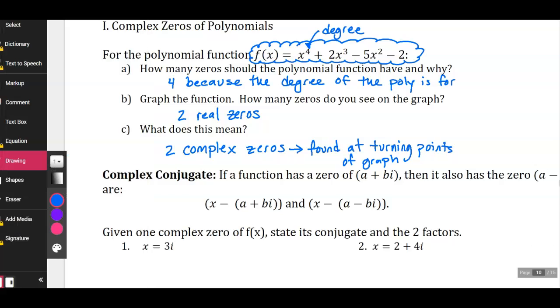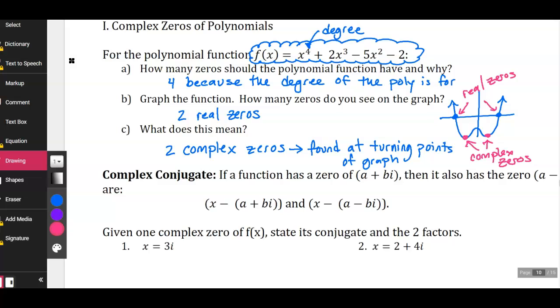Okay, so I'm just going to sketch this so we can reference it later, or you can reference it later. These are the real zeros. These are the complex zeros.